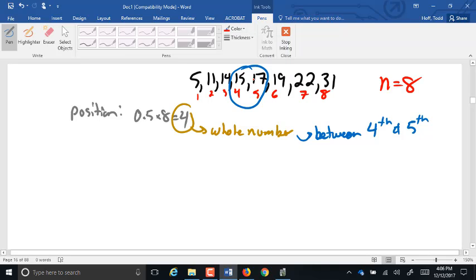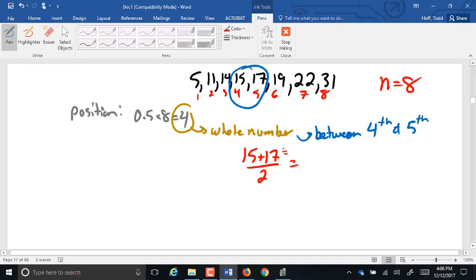How do I find what's between them? I add the two together and I divide by 2. Now, when you do this on your calculator, when you add these together, make sure you hit equals after you add before you divide by 2. Otherwise, it's going to give you something like 23.5. Well, 23.5 is not between 15 and 17.